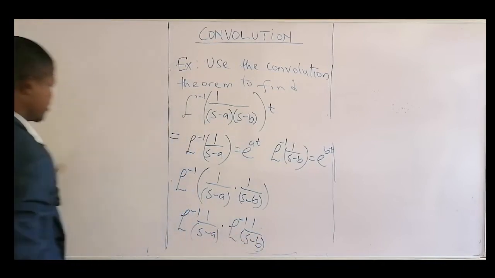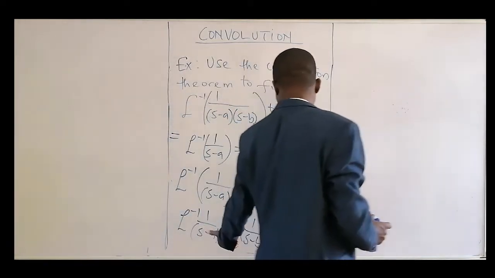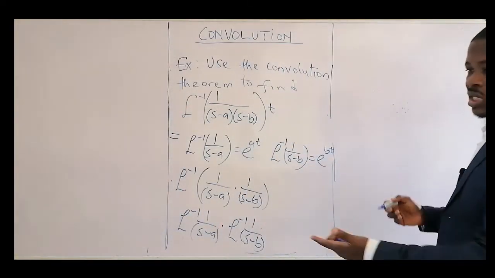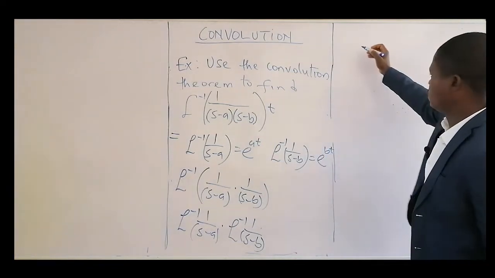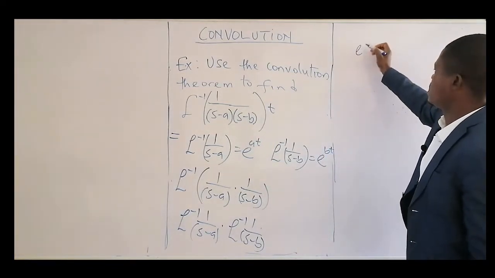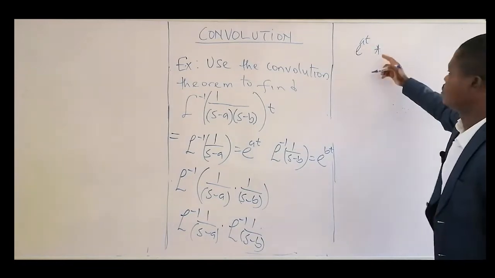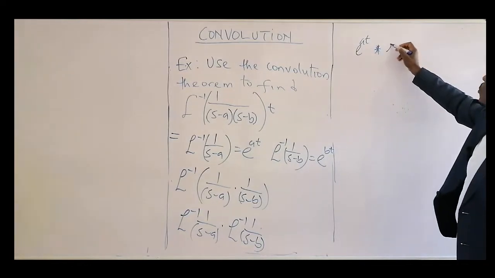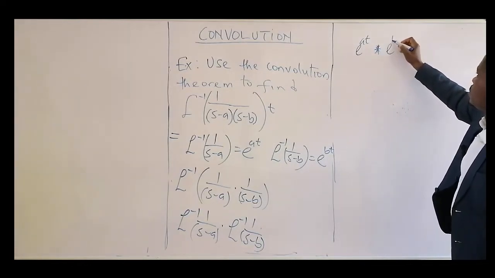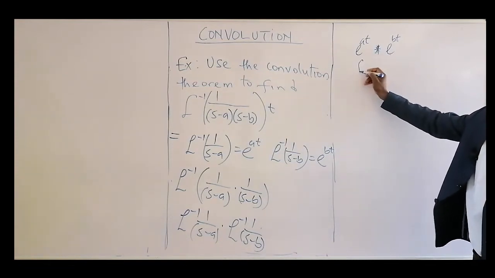Since it's a product of two functions' inverses, this will give you e^(at) convolved with the inverse, e^(bt). You can put the convolution sign there.